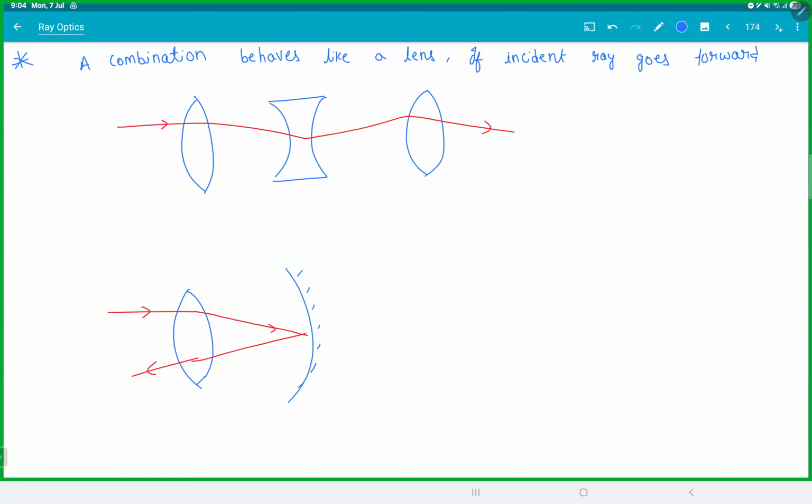A combination behaves like a mirror if the light ray comes back. It need not retrace the path. You got the point. The light ray reverses. It comes towards the direction of the object.